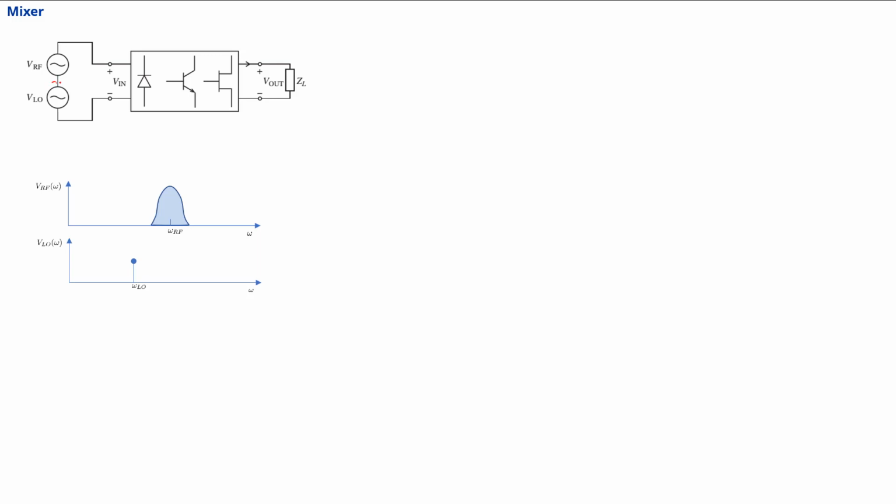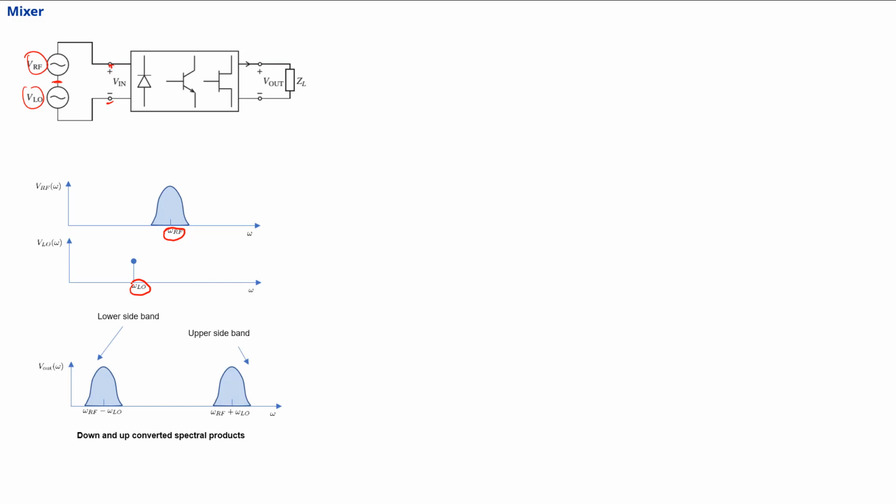For example, now that we know that we combine the RF and the LO together and feed in as an input to any square law device, then let's say the omega RF is at a particular frequency and omega LO is at a certain other particular frequency. Then the output is going to have two frequencies.